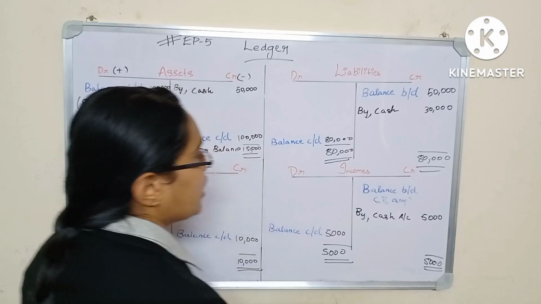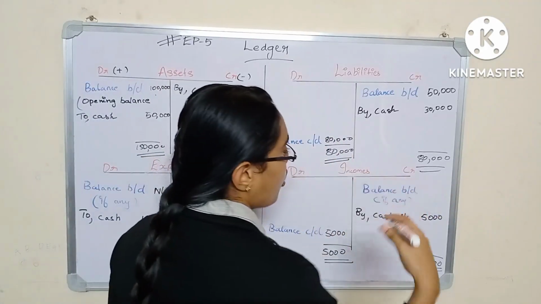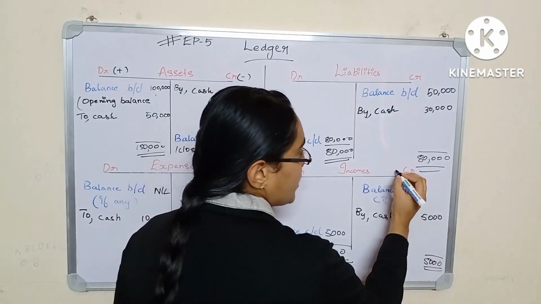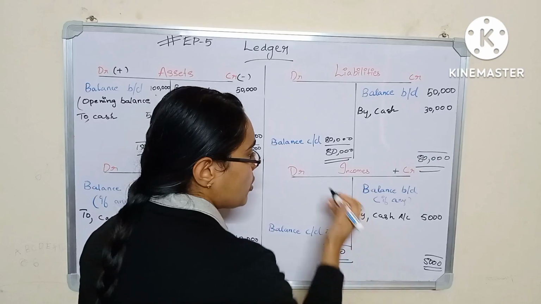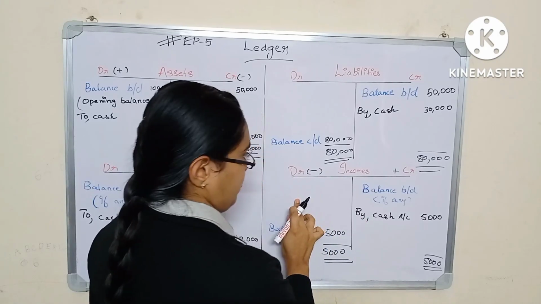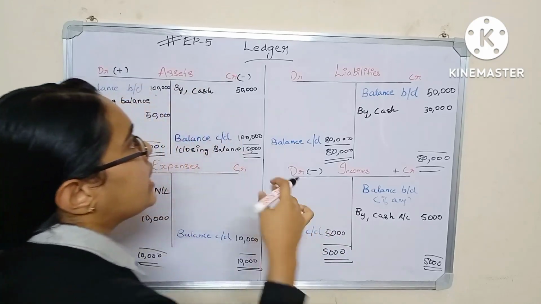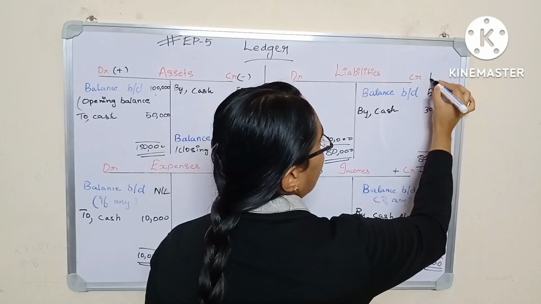Now I will tell you once again, here on the income side, if you want to increase it you will credit it. If you want to decrease your income, you will write it on the debit side. Now on the liabilities, you have the credit side.